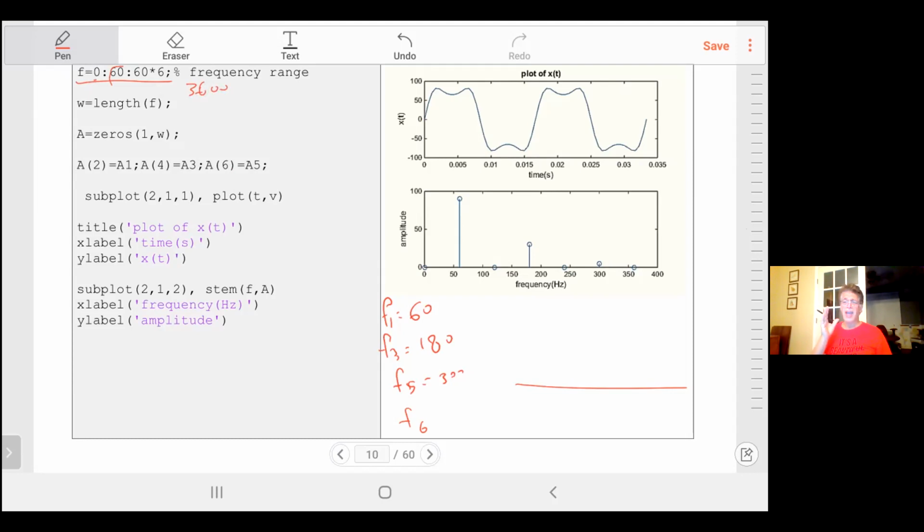Why? Because I have components at definite frequencies, and I know all of them are multiples of the fundamental, and the fundamental component is 60 hertz. So why would I make a lot of them? It's just enough at each 60. At each 60, I will see the amplitude of each harmonic component. That's why I don't make it like the time.